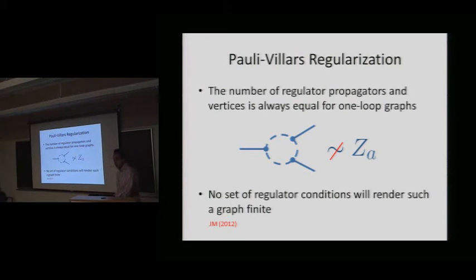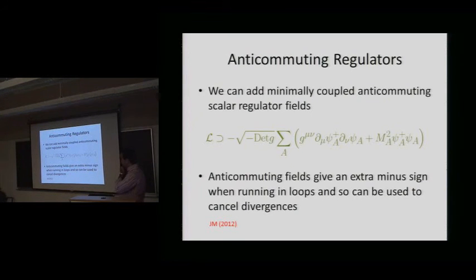Okay, but all is not lost. Instead of using just regular old regulator fields, we can add anti-commuting scalar regulator fields. These are variables that switch places with a -1. And just like usual fermions that appear in loops, you get an additional minus sign whenever you have a fermion loop or an anti-commuting field that runs in a loop.